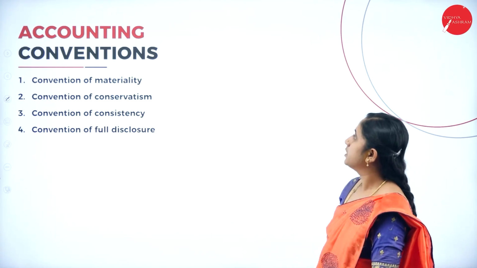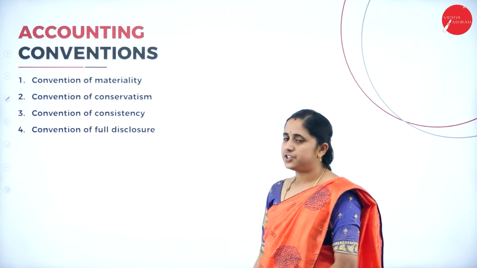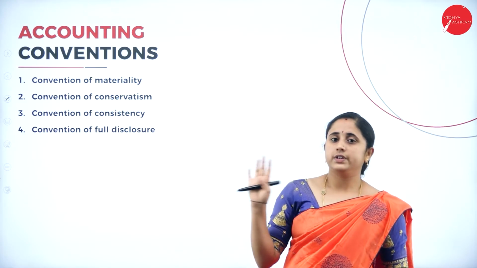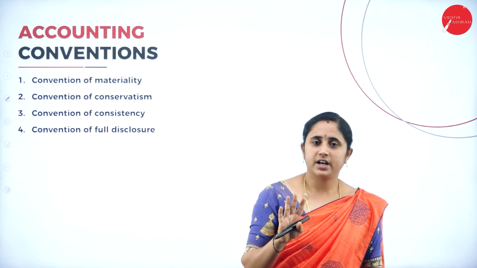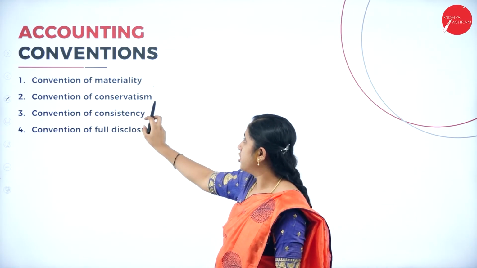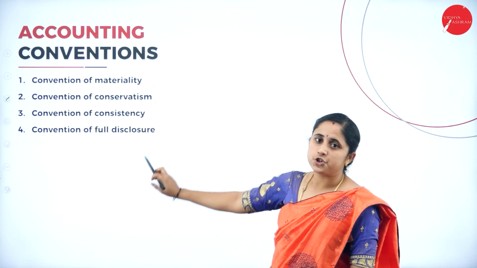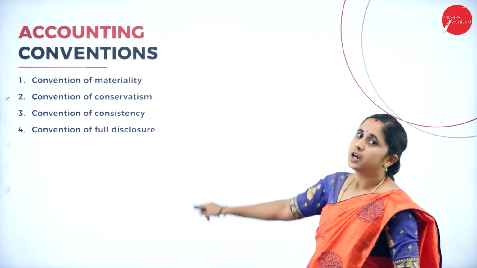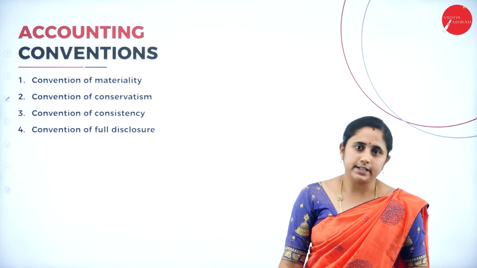Next one, accounting conventions. We have 4 accounting conventions: convention of materiality, convention of conservatism, convention of consistency, and convention of full disclosure. First one, convention of materiality.